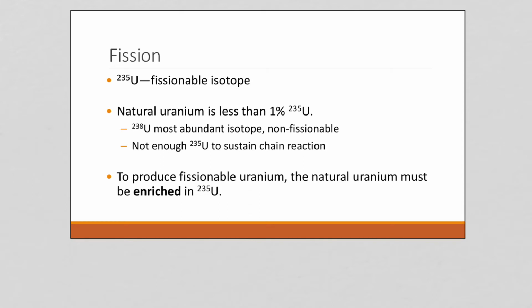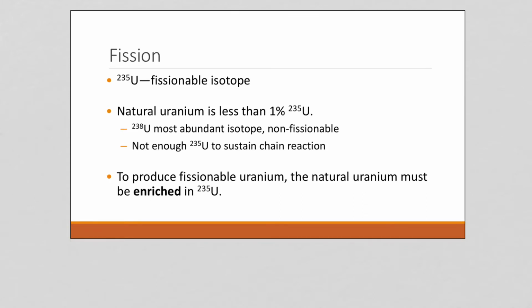Now, in natural uranium, there isn't enough uranium-235 to actually cause a nuclear process to occur, to cause a chain reaction to occur. You need a higher percentage of uranium-235 for this to happen. So, in order to create fission, to create what we call a fission chain reaction, you need to have enriched uranium.